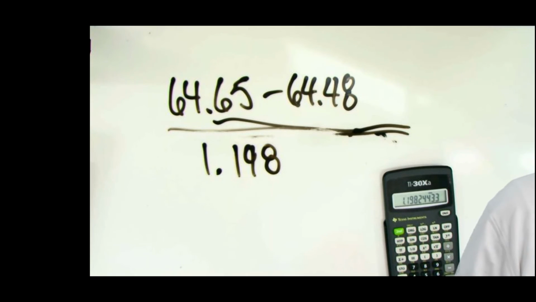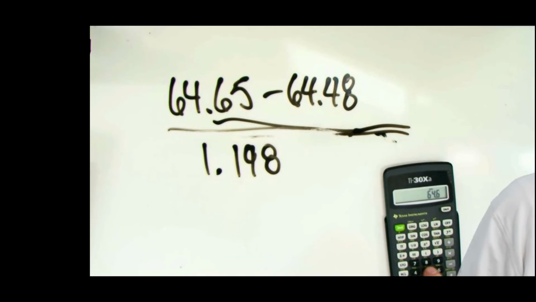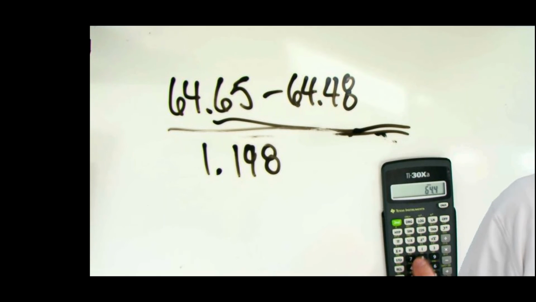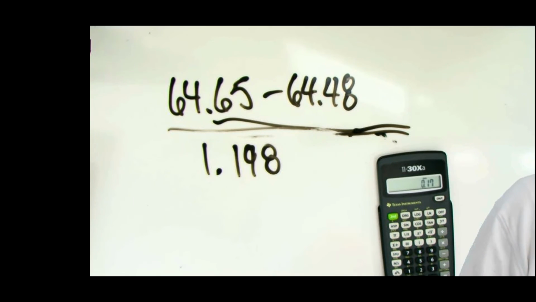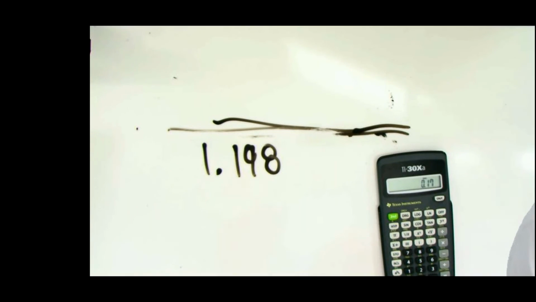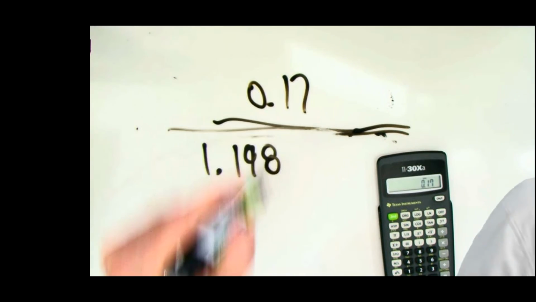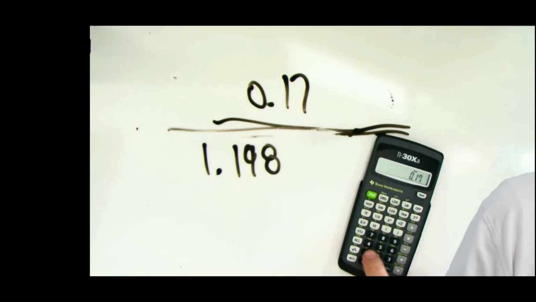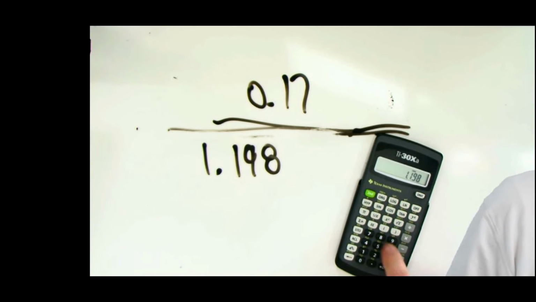And then I'm going to subtract these. 64.65 minus 64.48 equals 0.17. And I'm going to divide that by 1.198, and it gives me 0.142.